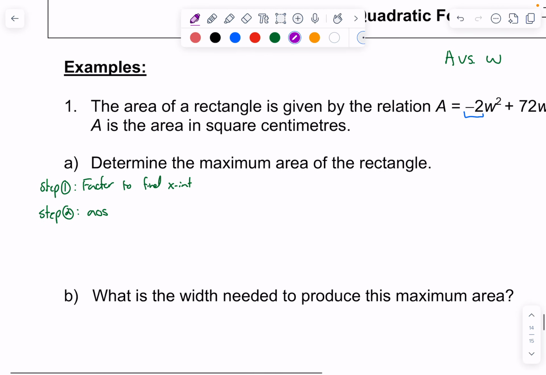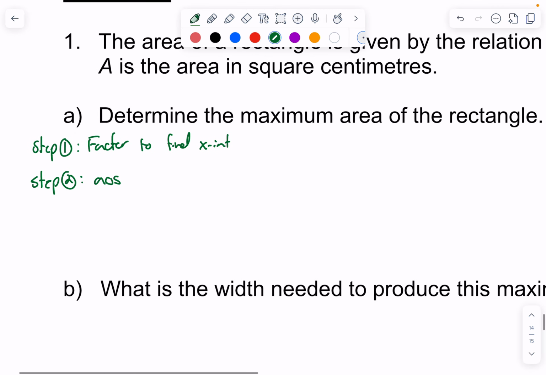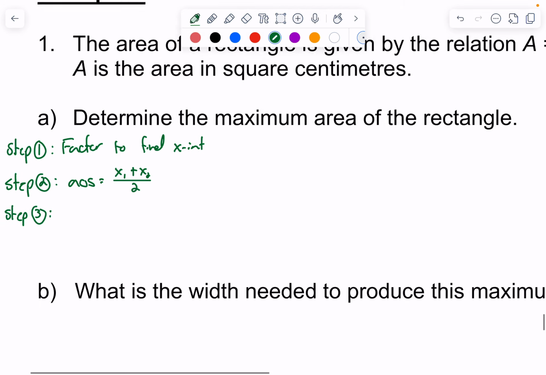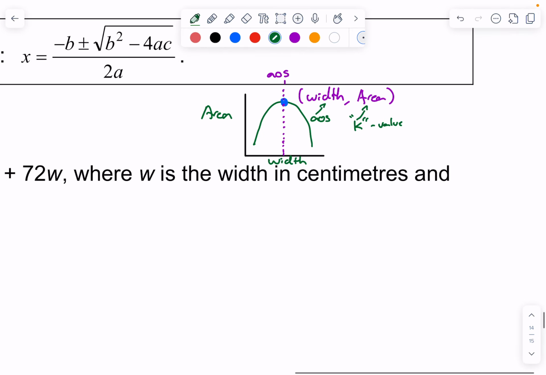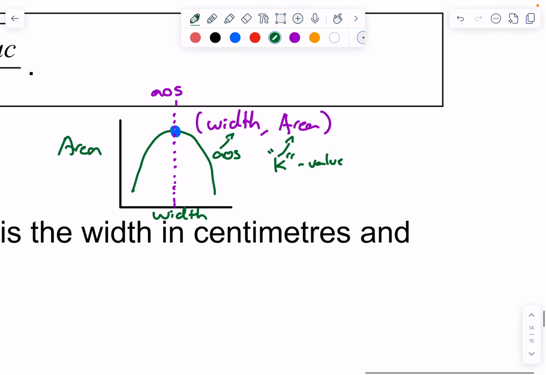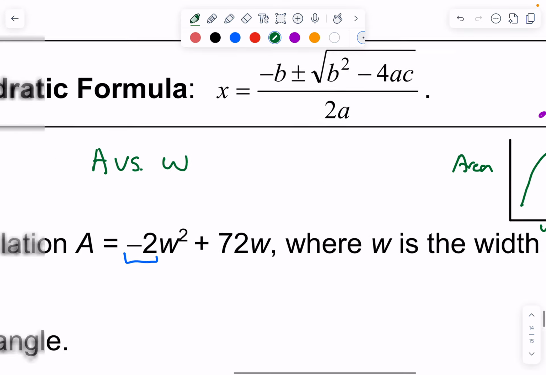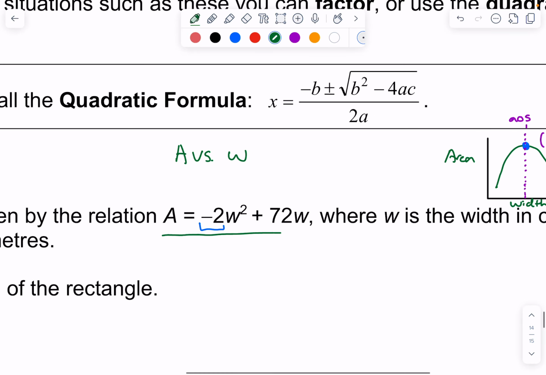So step 2 is using the AOS, which is the formula, taking your two x-intercepts, adding them, and dividing it by 2. And the last step, step 3, is once you find the AOS, which is, again, go back to your picture, it's the x-coordinate, or if you have an equation that relates A versus W right here, you just sub the AOS in for these values here, which the AOS is equal to a width.